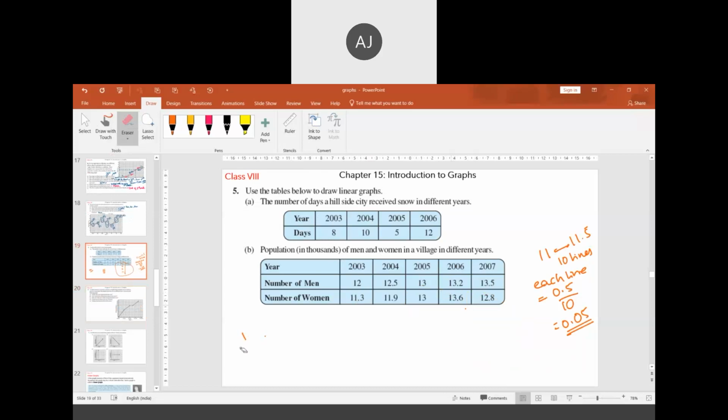Since the numbers given here are all positive, we need not represent the negative x-axis and negative y-axis. We have to consider only the positive. You will come to know when negative numbers are there.